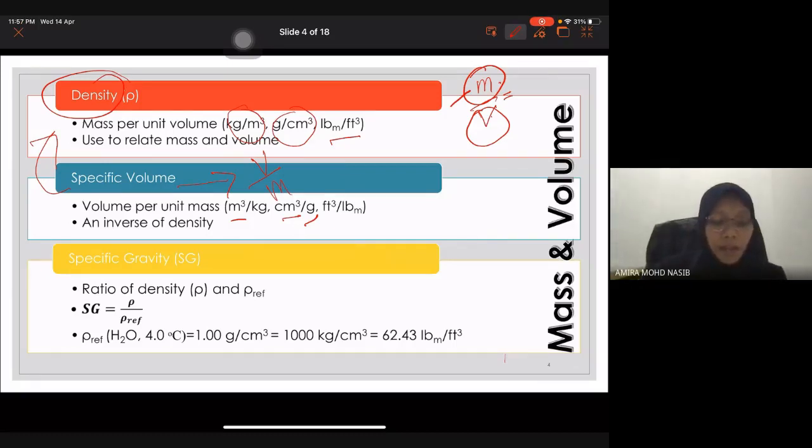Next we have specific gravity. What is specific gravity? It is the ratio of the density of a substance over the density of a reference substance at a certain condition. What is the certain condition?